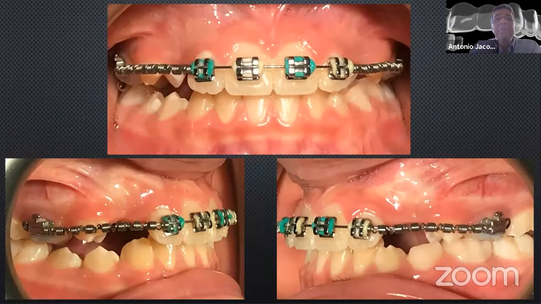And then we entered with the coil spring, but you can see that the bracket is bonded with an angulation that will bring the roots to the proper position. So that's what we did.